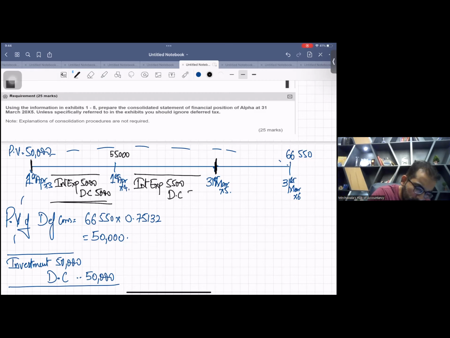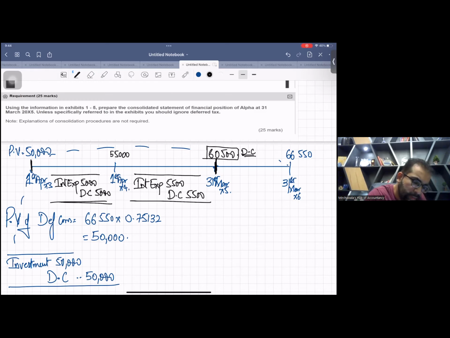and DC 5,500. Now you tell me, in the second accounting period, opening loan was 55,000 plus 5,500. It will make 60,500.